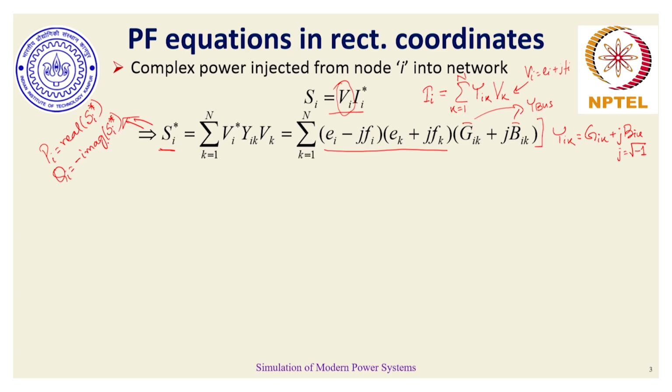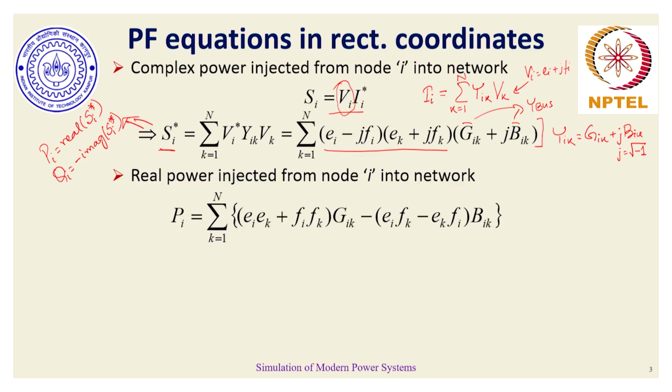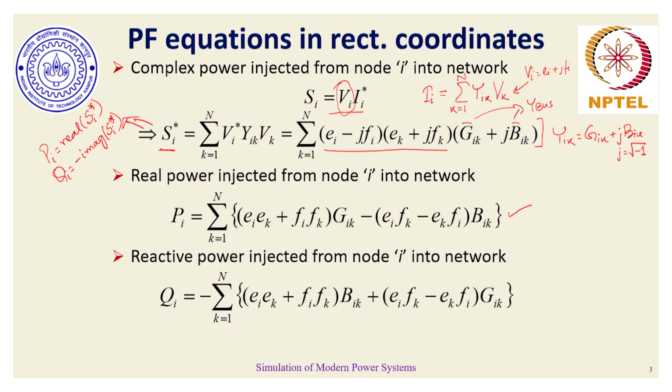The reason is that I am taking the conjugate of complex power as the argument of the imaginary function. So, if I do that, then I get the real power injection equation and the corresponding reactive power injection equation. The negative sign which is mentioned here is the same negative sign as it is appearing here.